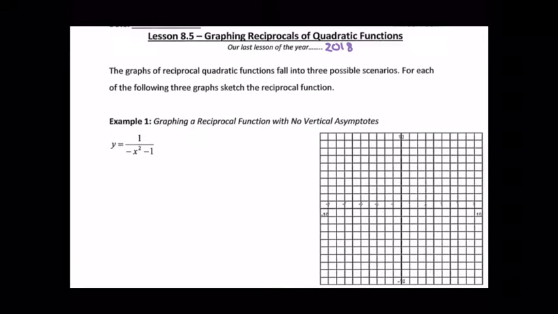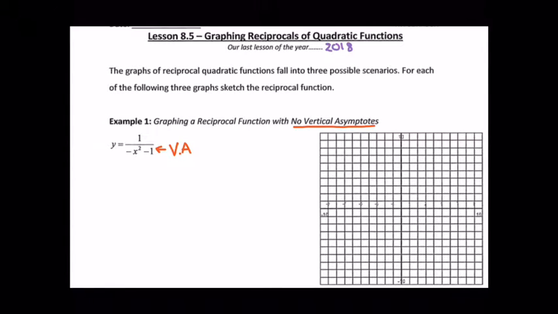Our first example is not going to have any vertical asymptotes, so no non-permissible values. If we look at our denominator, to find the vertical asymptotes we try to factor the denominator.